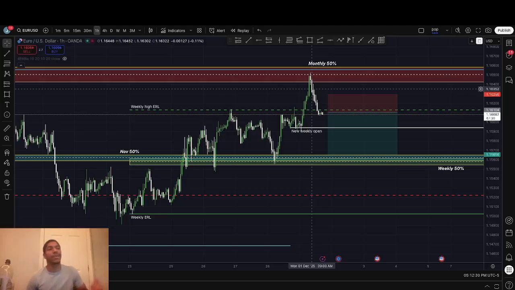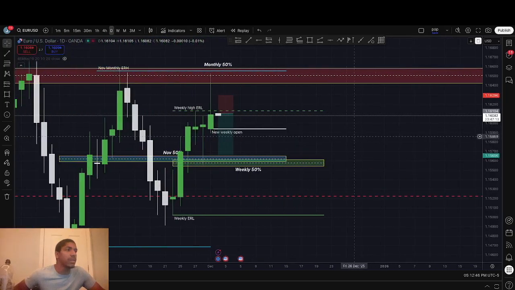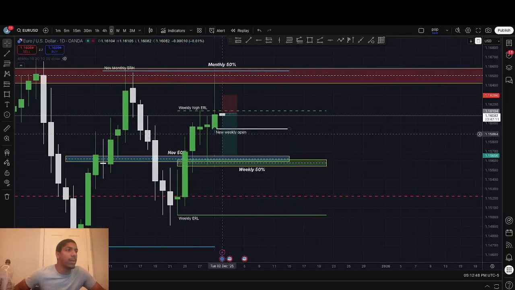We kind of just came from external and internal, but in this case, I'll be looking for another external because we literally just bounced off internal. So I'm looking for external range on a daily and a weekly. So external will be this daily low. Not this daily low because we just came from Monday.